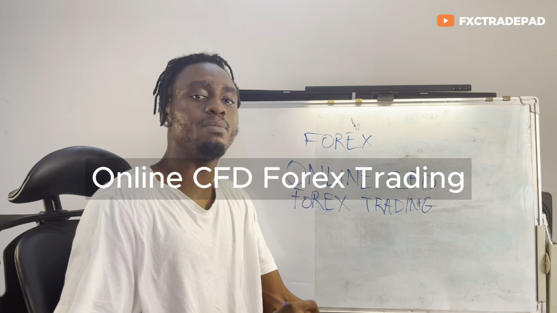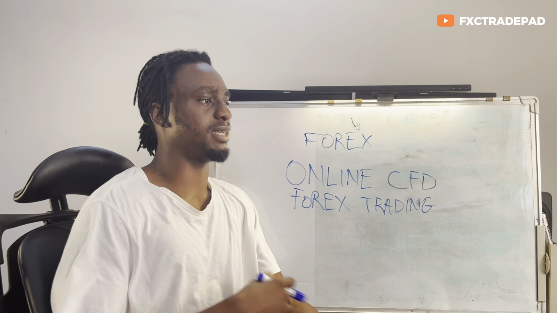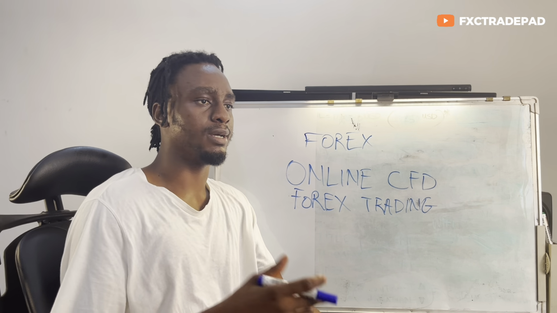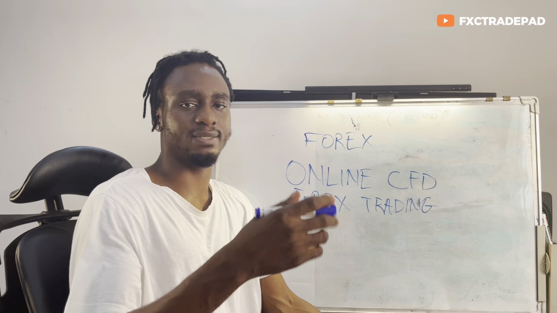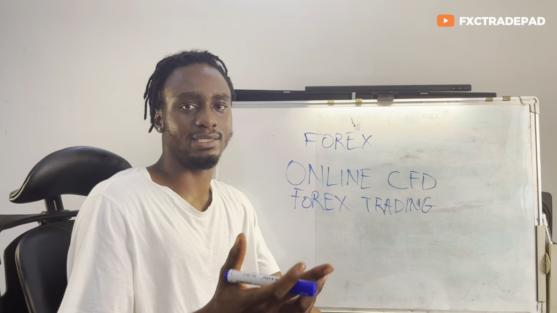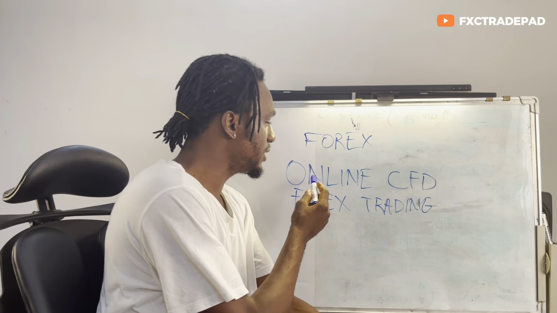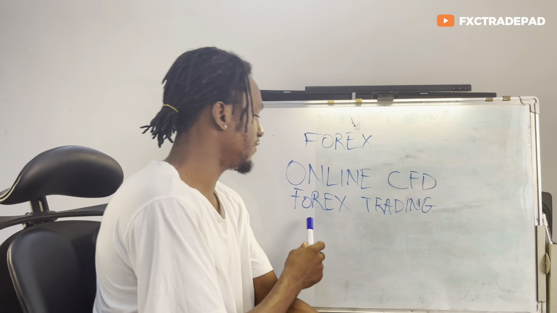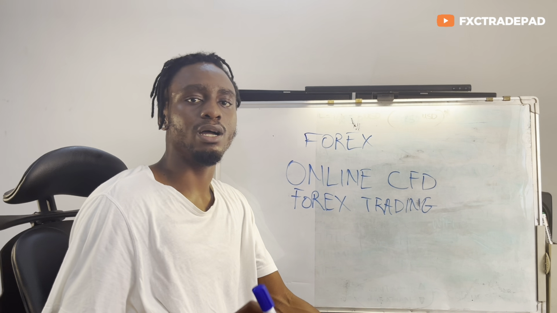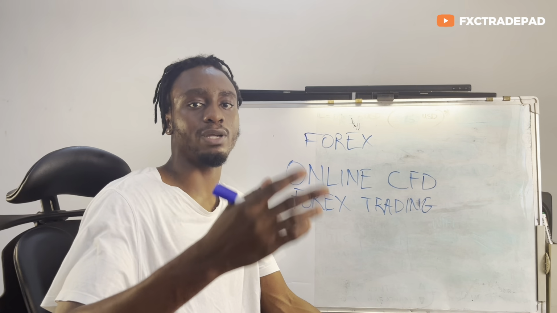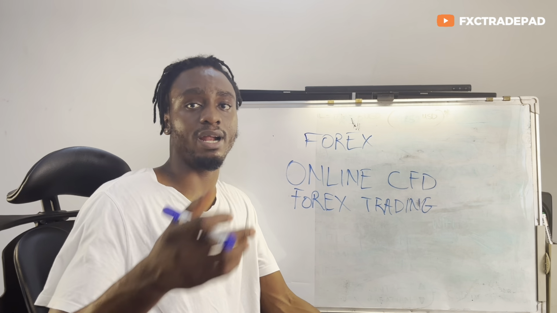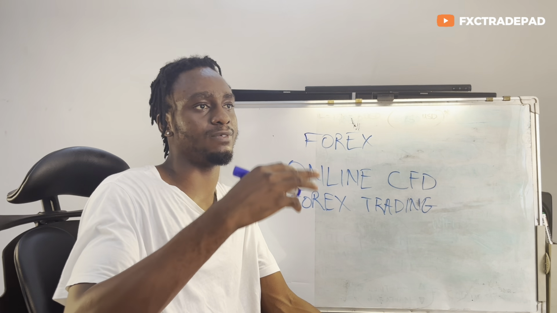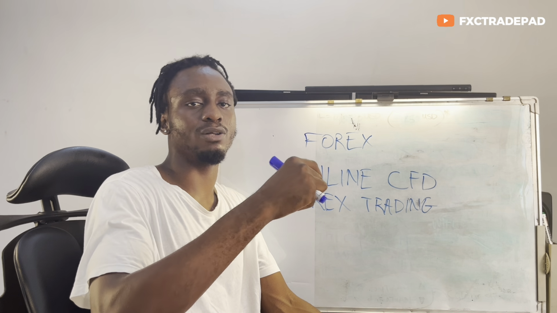So I know you've heard about Forex. Everybody has described it as exchange of one currency to another. But you go ahead and ask, where is the physical money that they are changing? You see, they are not changing anything. So what this online CFD Forex trading means is that you just trade price speculation, like the prediction of price. You predict that price is going to increase from this amount to this amount.